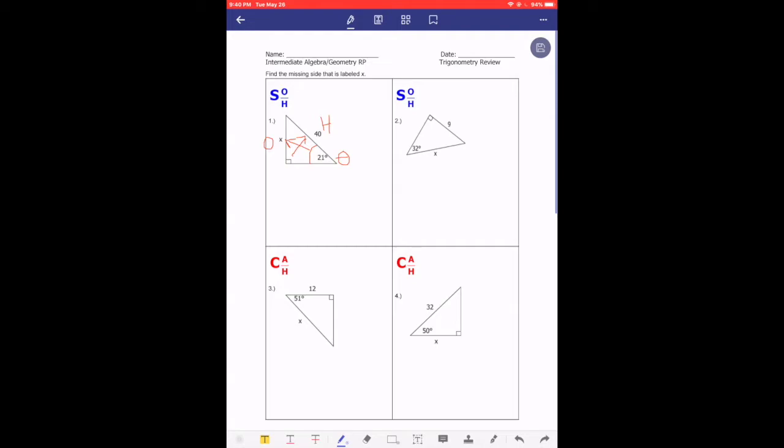So notice I was given the opposite side and the hypotenuse side. So therefore I can use the sine function because those use the opposite and hypotenuse. So remember our formula would be sine of theta equals opposite over hypotenuse.